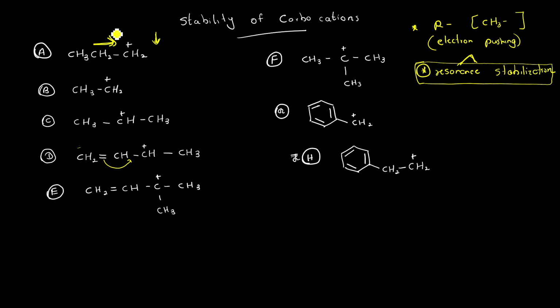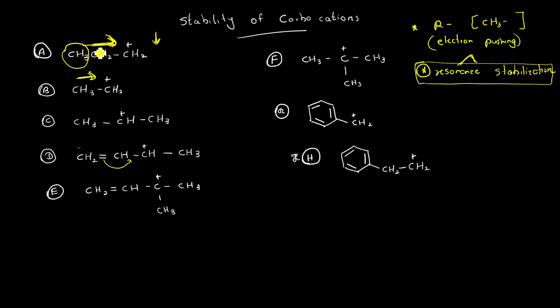You can see in structure A we have an electron pushing effect, but in structure B there is only one. This comparison is pretty easy, because there is only one group to push here, but there are two here. But basically, this CH3 has no big effect, only a very tiny amount.